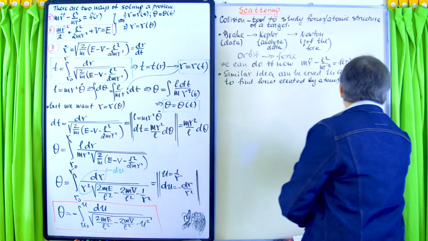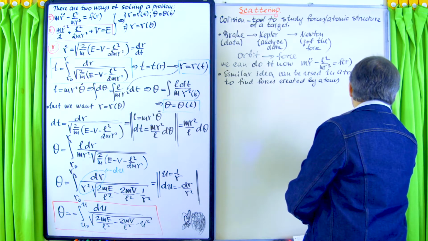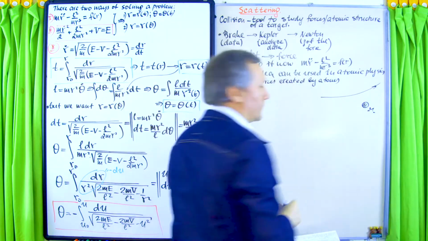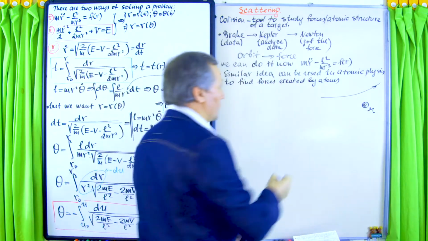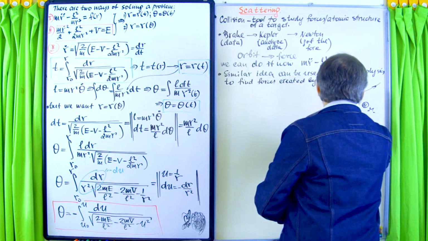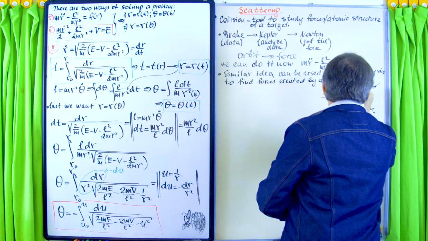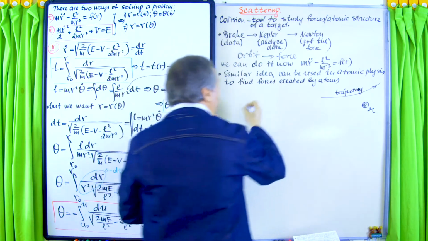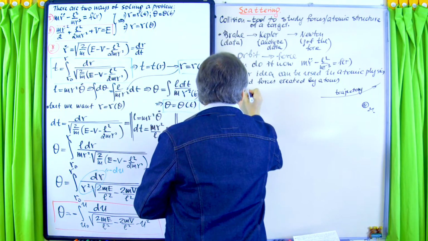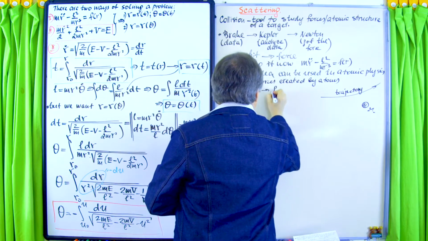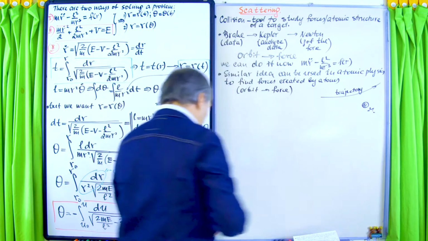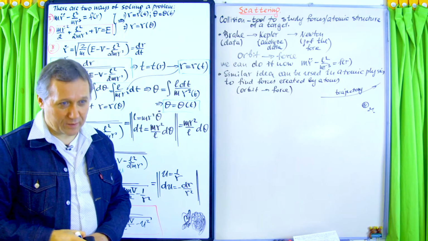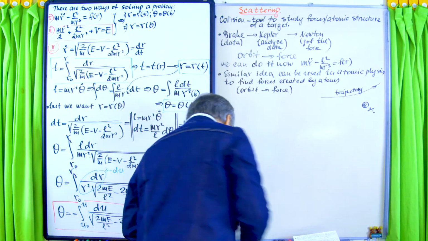And as I said, if you have, for example, this is a scattering center, and if you just observe a trajectory, you should be able to get the force. So you can get a force from orbit. But again, the trouble is that we cannot observe that trajectory.